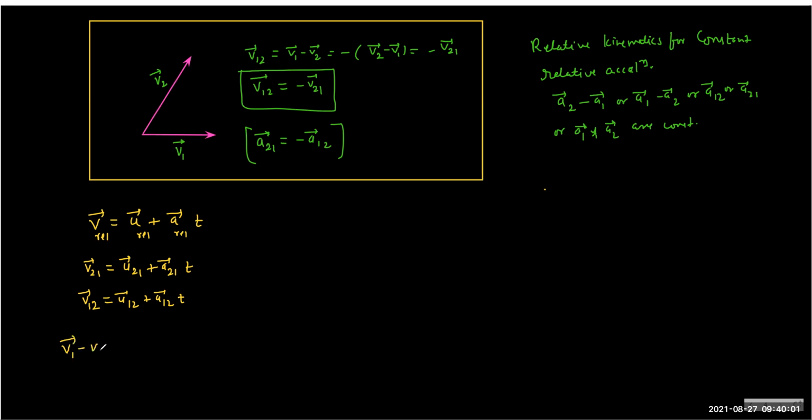So the final velocity difference of 1 minus 2 is the initial velocity difference plus the relative acceleration term, like this. It is up to you. Now the next formula is s equals ut plus half a t square.